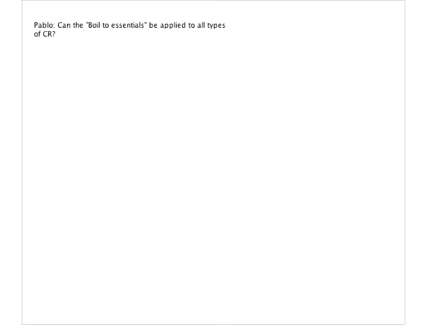Oh, sorry, LBS is an abbreviation for pounds. Units of measure sometimes have weird abbreviations like that. LBS is pounds, OZ can be ounces. It's kind of strange. Okay, can the boil to essentials be applied to all types of CR? Many types.